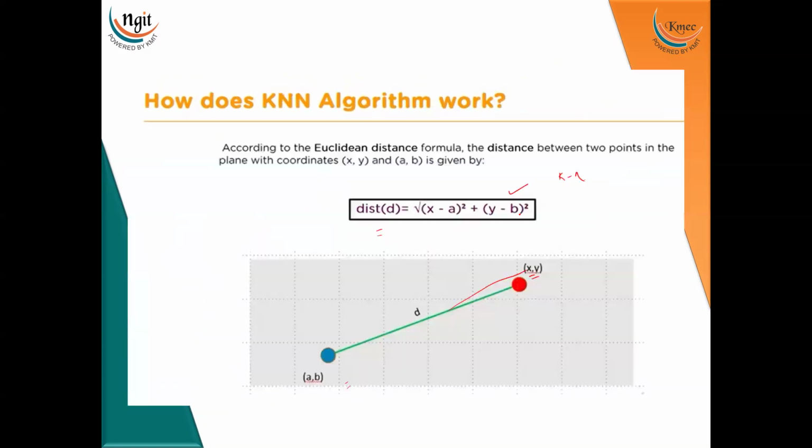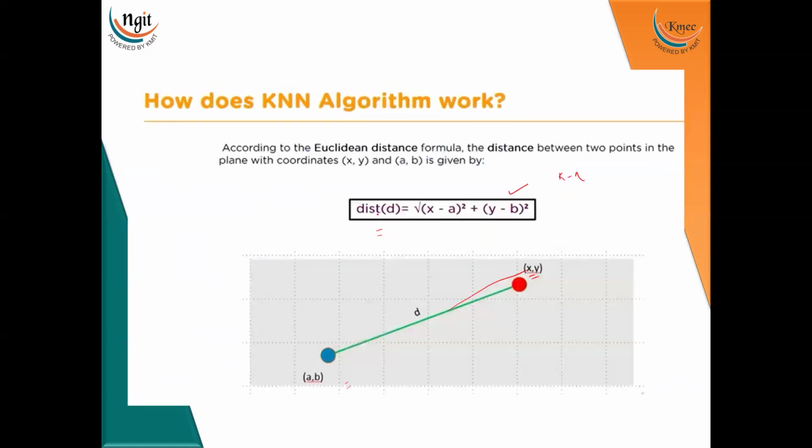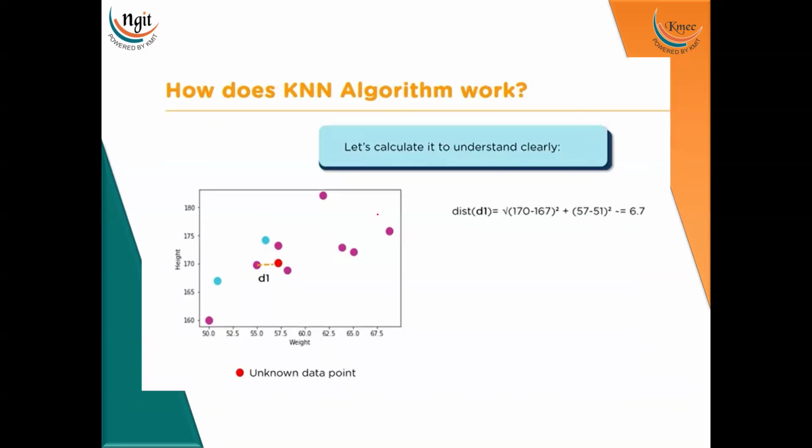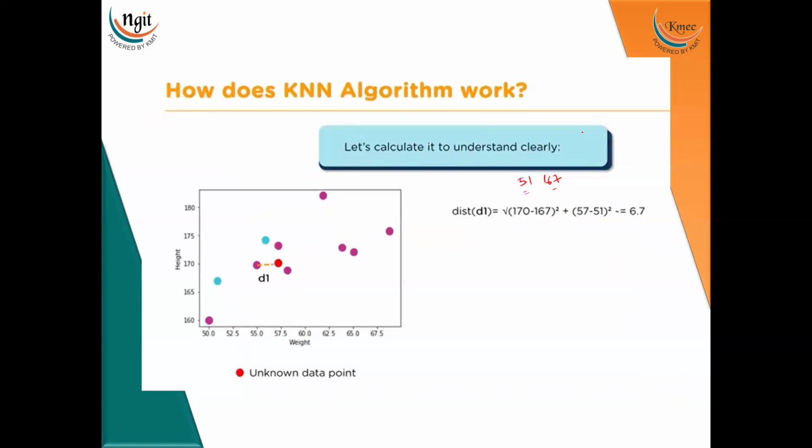As per this data set, the first one is 51, 167. This is the existing data point, and the question is about 57 kgs, 170 centimeters. First we need to find the distance from the unknown data point to the given data point. Let us name it distance d1.